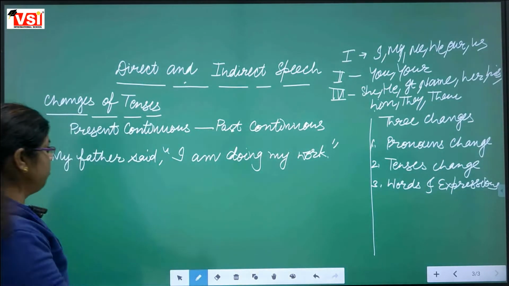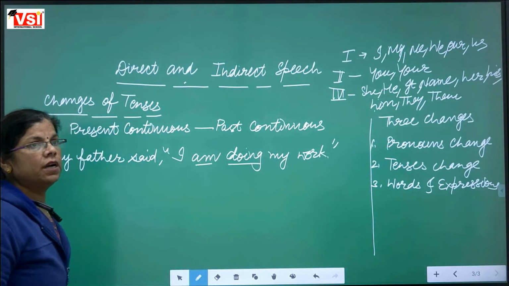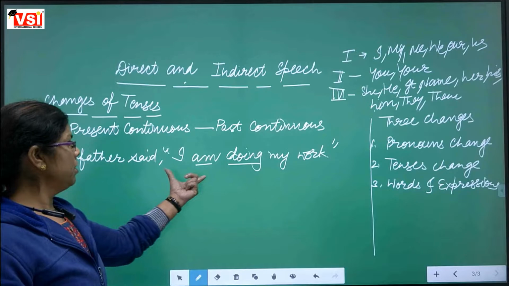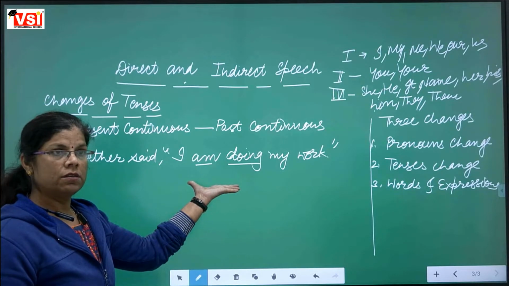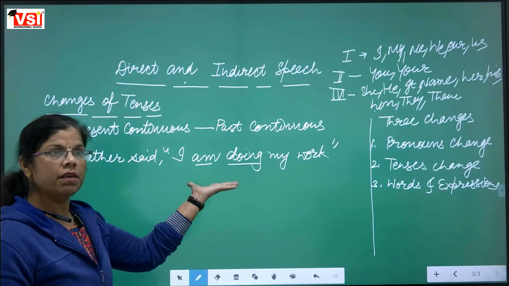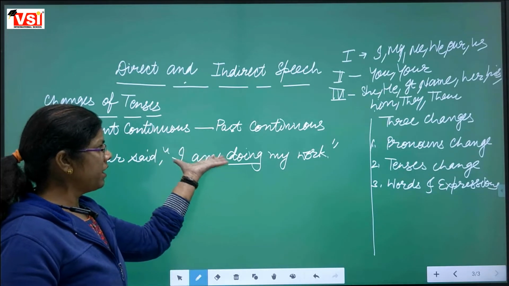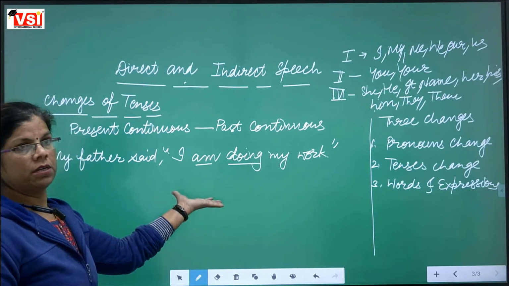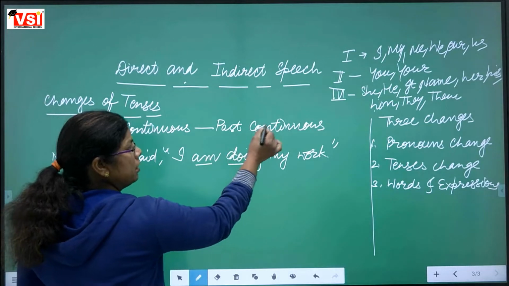Here we are using am doing. This is the identification. Which tense? Present continuous. The identification of present continuous is helping verb plus action plus ing. Now here we have written present continuous is changed into past continuous.